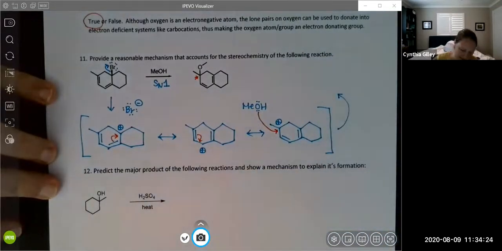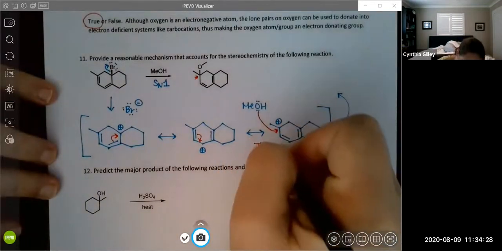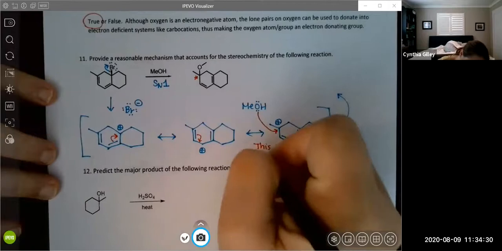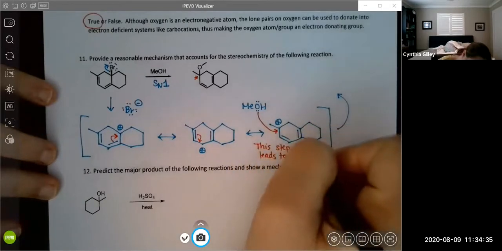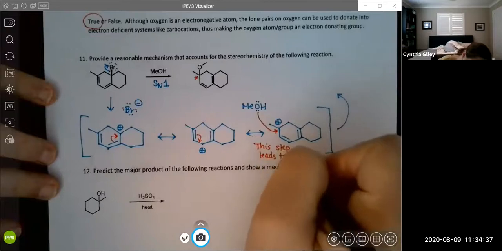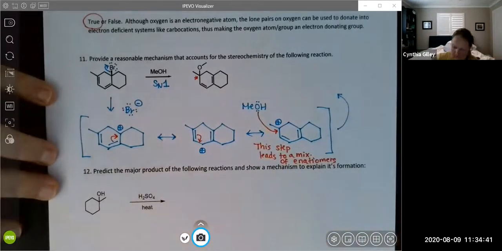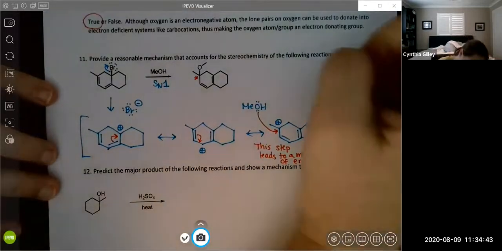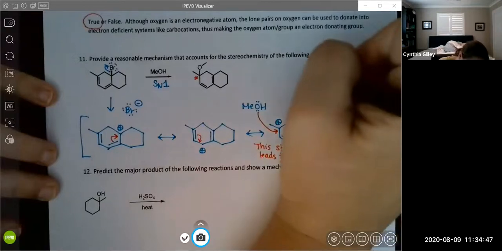So we can say this step leads to a mixture of enantiomers. So we can go ahead and draw that out.